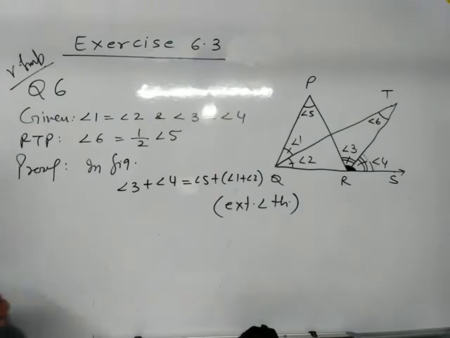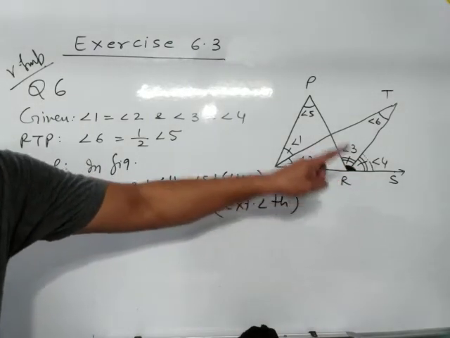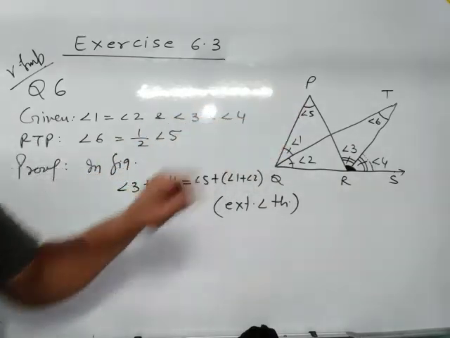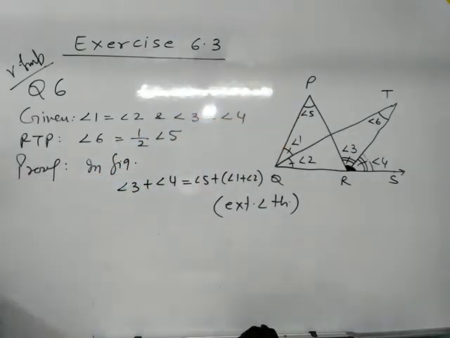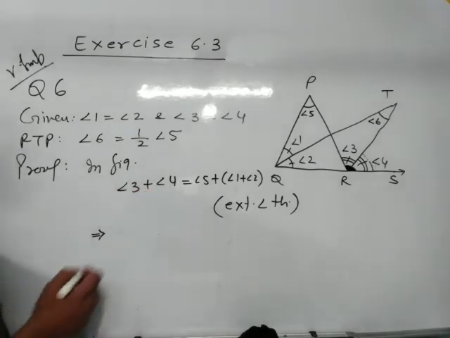Exterior angle theorem. If you remember, the exterior angle is equal to the sum of the two interior opposite angles. Angle 5 and angle 1 plus 2 are the interior opposite angles. So angle 3 plus 4 is equal to angle 5 plus angle 1 plus angle 2. Angle 3 and 4 are equal.